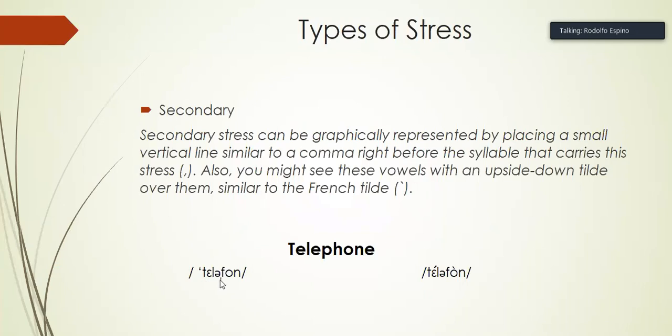And then this little line here, which is like a comma, like an apostrophe but it goes below, in the transcription, this little symbol represents the secondary stress, which means phone is also stressed, but not as stressed as te. Te will have the main stress, and the secondary stress will be on phone.